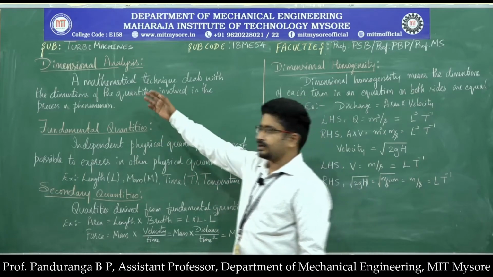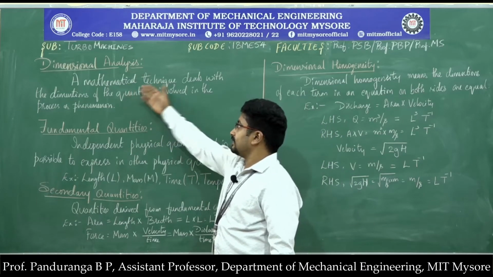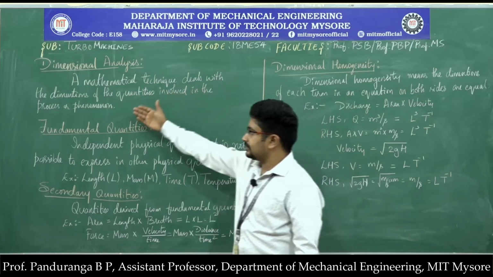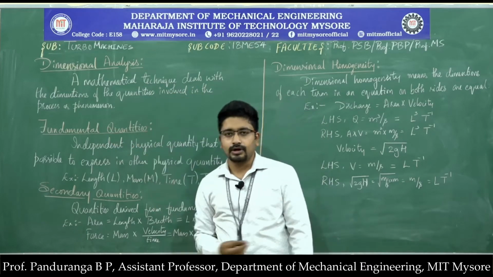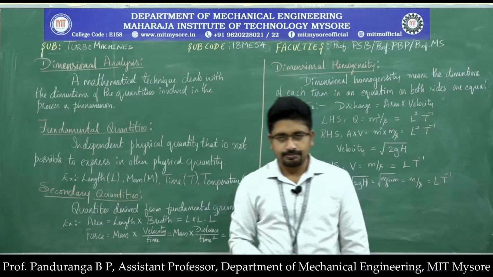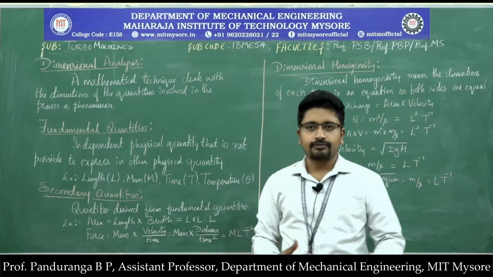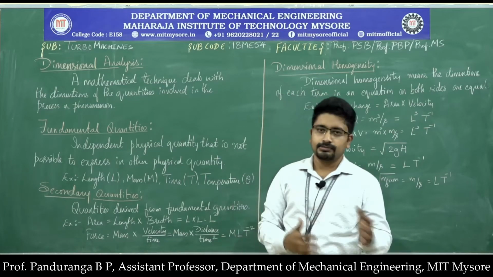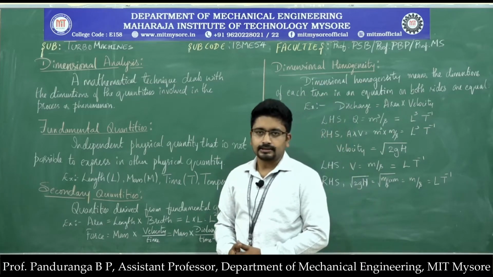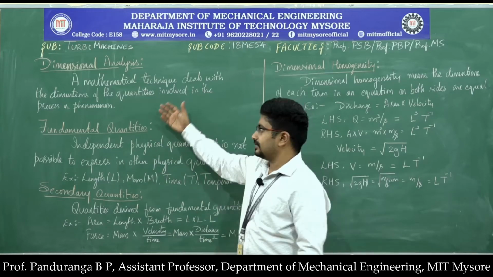As the definition says, it is a mathematical technique that deals with the dimensions of the quantities involved in a process or phenomenon. If I take a physical process or phenomenon and I want to create a mathematical relation for that to predict the behavior in future, then I have to go through dimensional analysis.